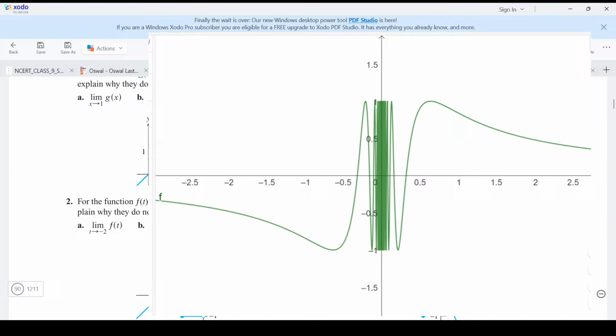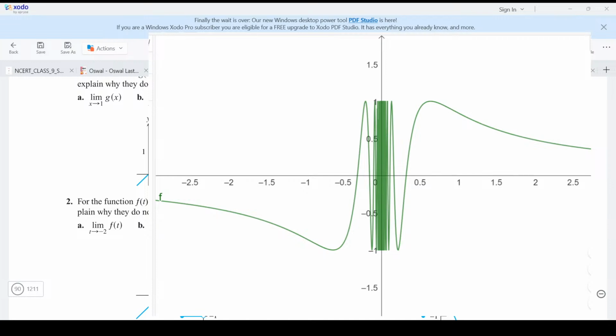It is 0.9. f of 1.5 is how much? 0.5. f of 1.1 is how much? 0.1. f of 1.01 is how much? 0.01. So f of 0.99 is how much? 0.99. So now when you are approaching x from one side, you are getting 0.99 and 1.